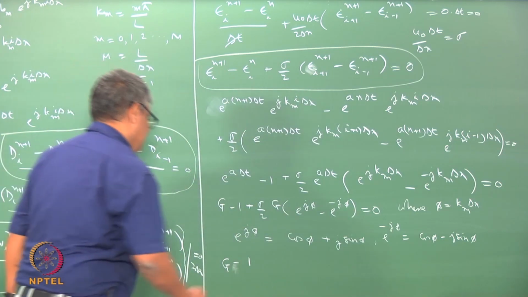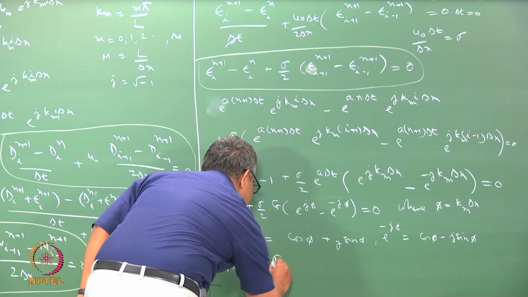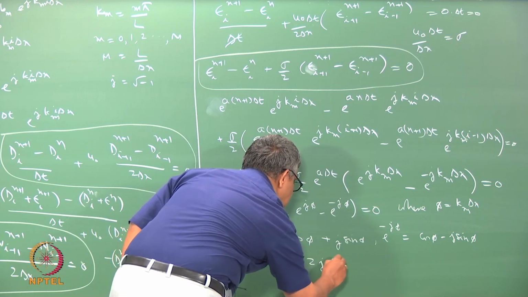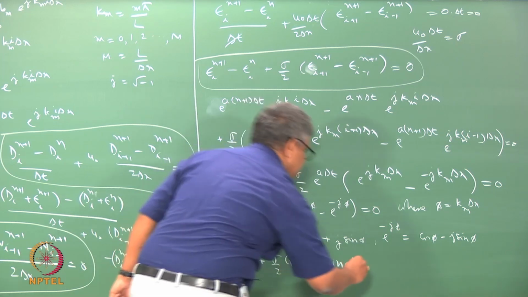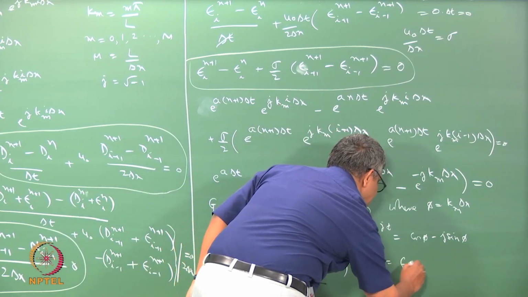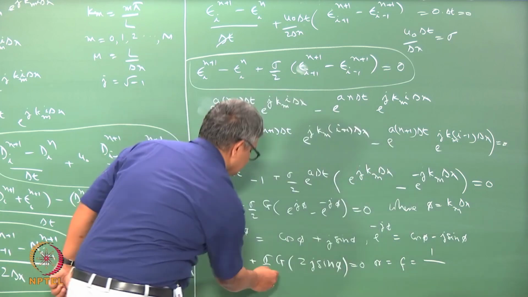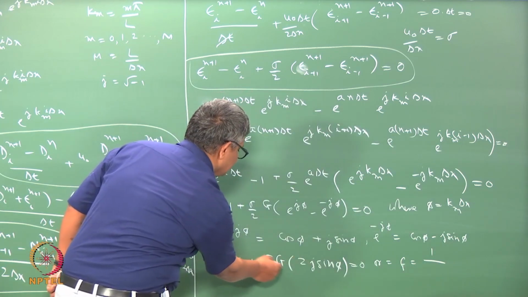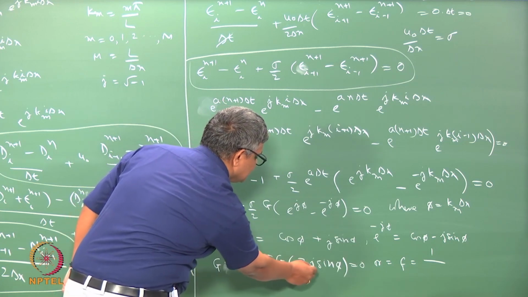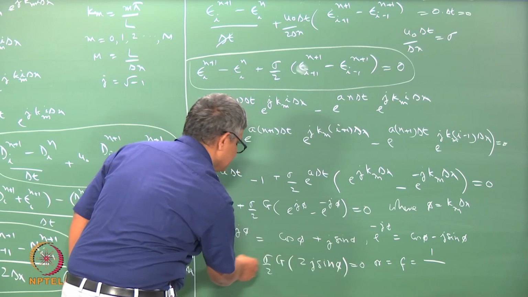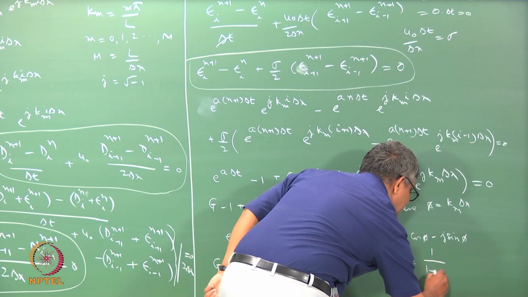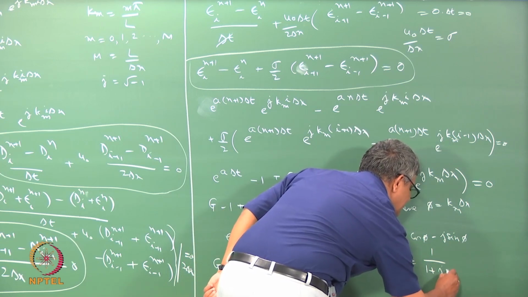G minus 1 plus sigma by 2 times G times 2j sin phi equal to 0, or, so this 2 and this 2 will cancel out, and so we get G times 1 plus sigma j sin phi minus 1 equal to 0, or G equal to 1 by 1 plus j sigma sin phi.